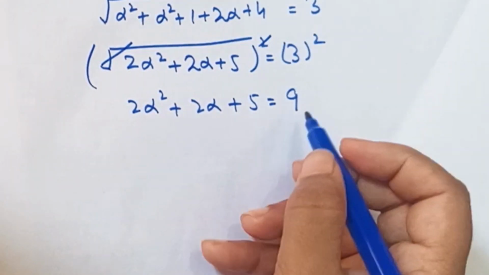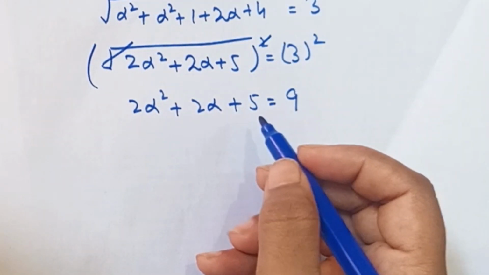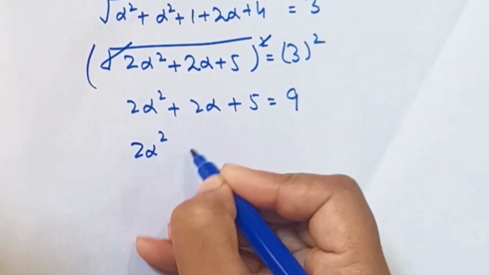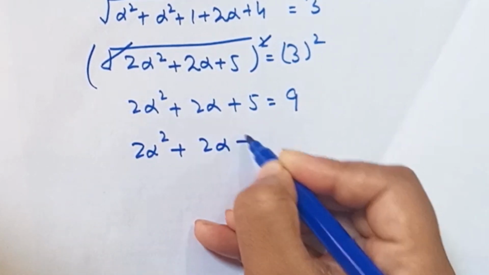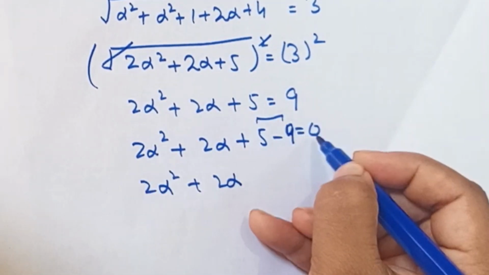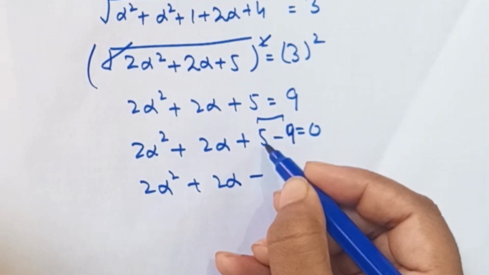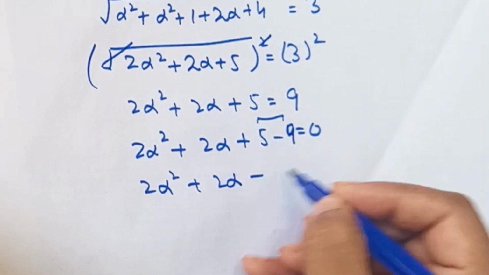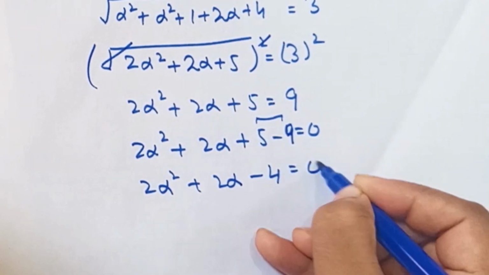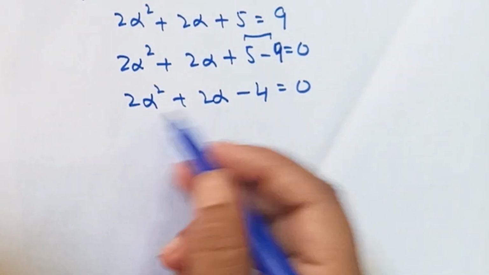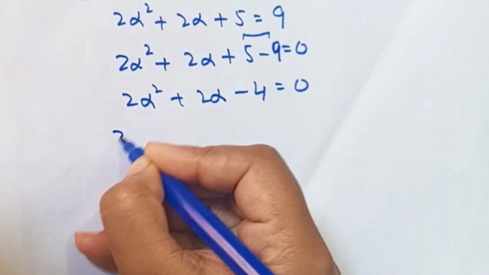So in the next step, we subtract 9 on both sides of this equation. So we get 2 alpha square plus 2 alpha plus 5 minus 9 is equal to 0. Now we simplify these two values. Plus 5 minus 9 is minus 4. This is equal to 0. Now to simplify all these terms, we factor out 2.